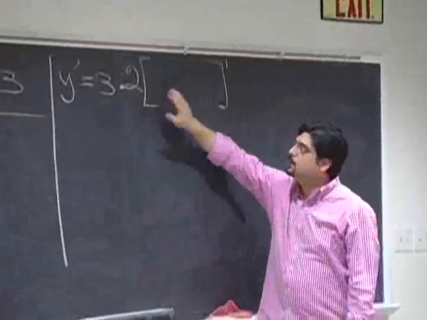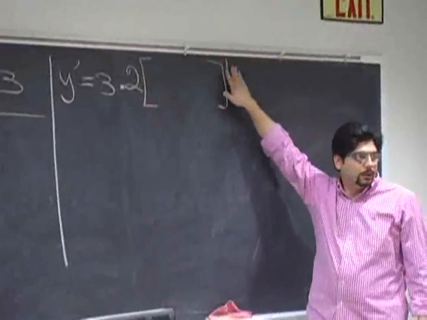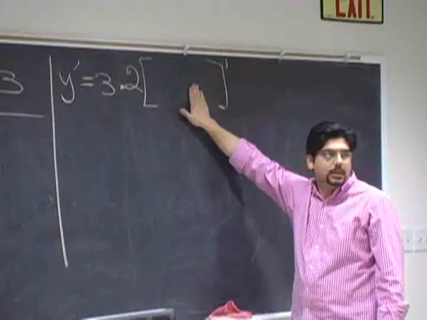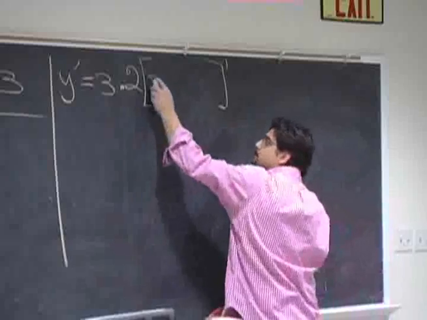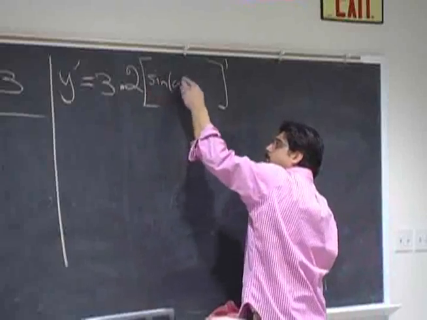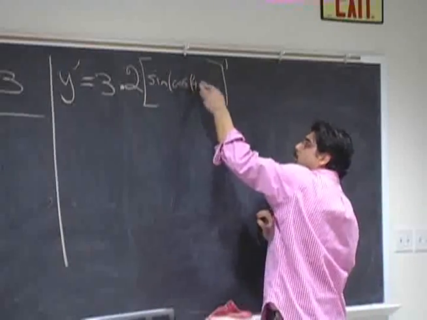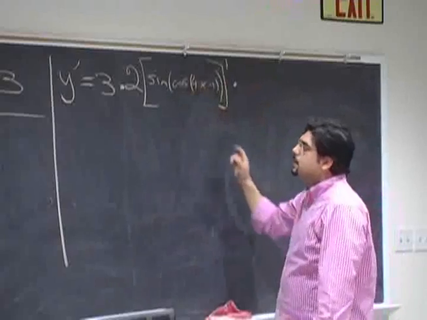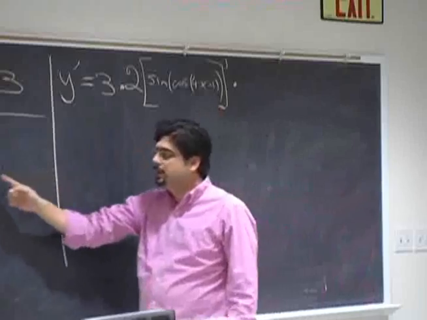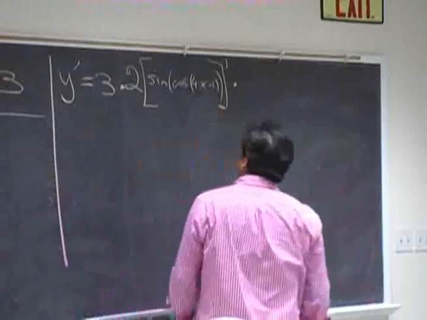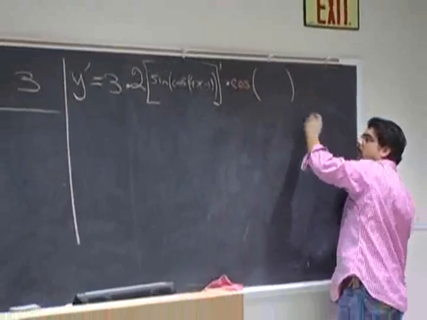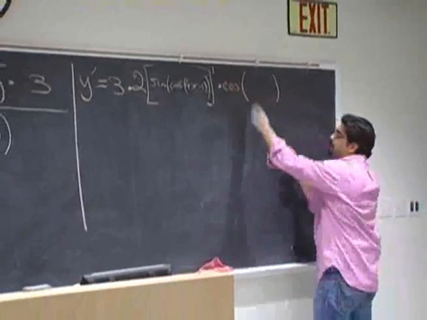Derivative of bracket squared is 2 times bracket to the power 1, right? That's the power rule, keeping whatever's in here the same. Times the derivative of sine. The derivative of sine something is cosine something, keeping the inner part the same.